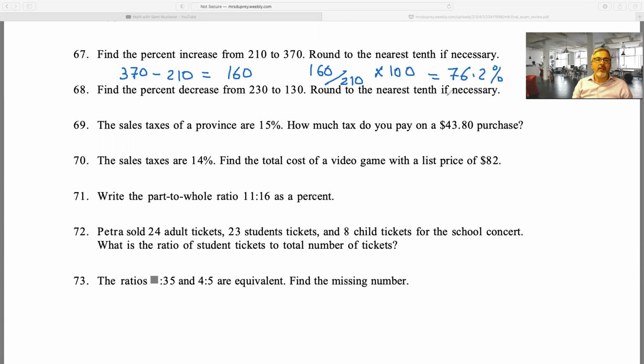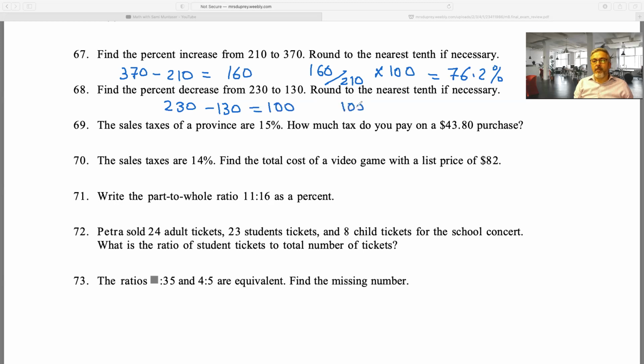76.2%. Find the percent decrease from 230 to 130. So now you go 230 minus 130, and that gives you 100.